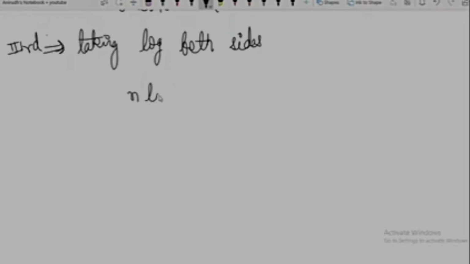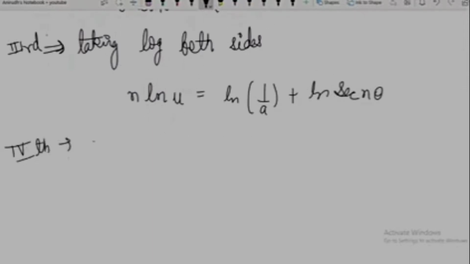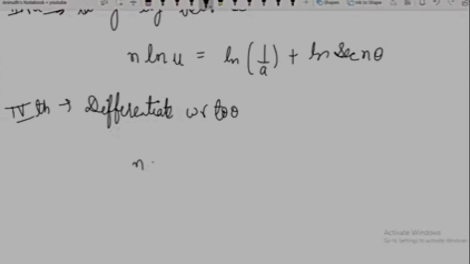So we get n ln u is equal to ln 1 by a plus ln secant n theta. After that we move on to the fourth step, that is, we differentiate the previous equation with respect to theta. n ln u will become n by u. Again we have to differentiate u with respect to theta, that is del u by del theta.